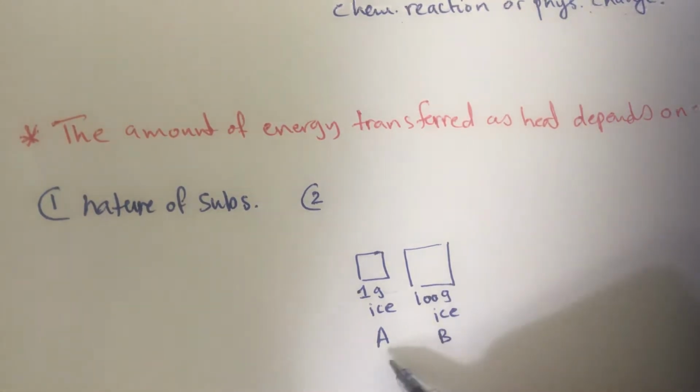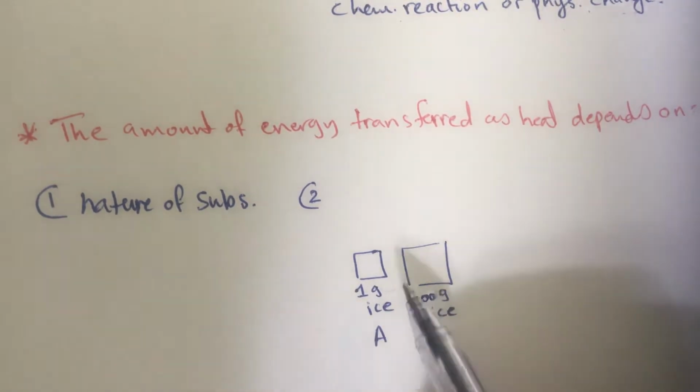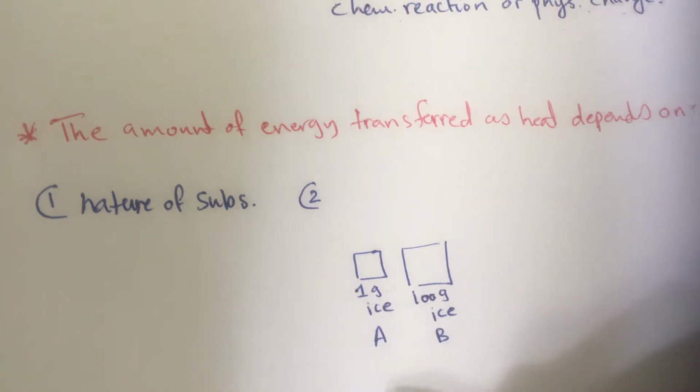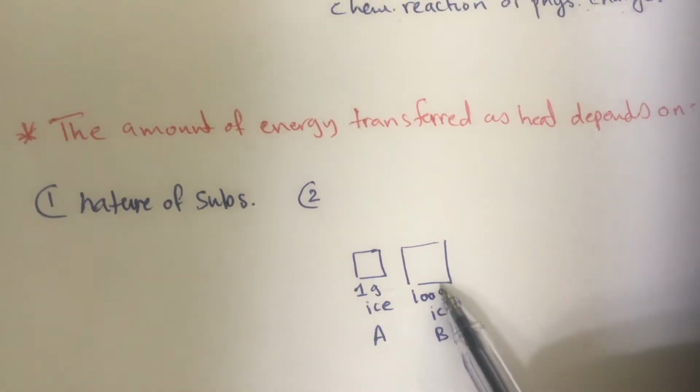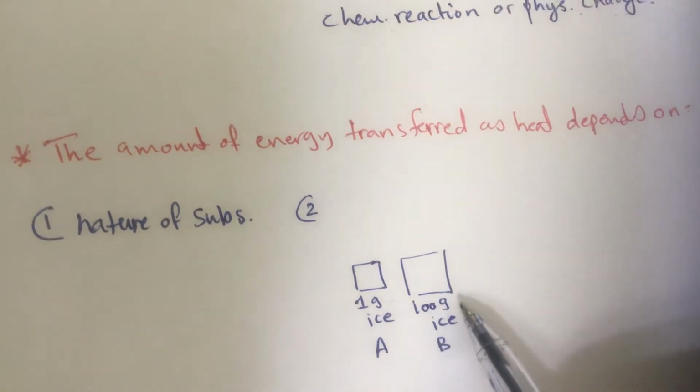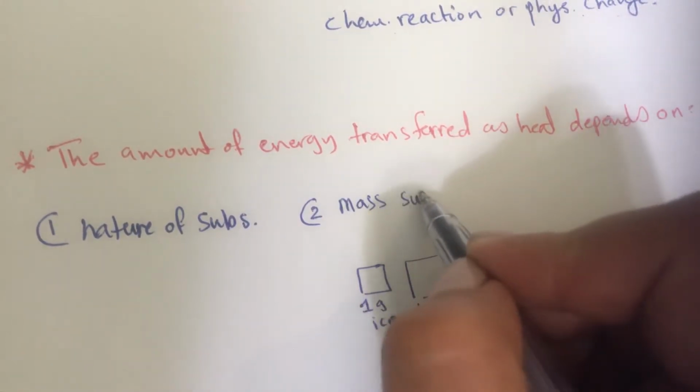In which case does it need more energy to melt, 1 gram or 100 grams? So 100 grams needs more energy to melt. So the second factor is the mass of the substance.